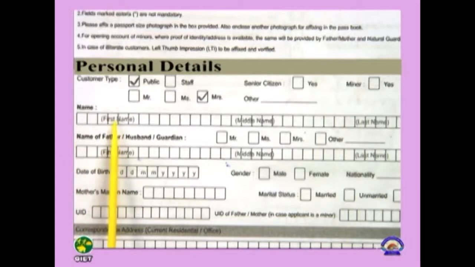Name. Students, all of you see, here it is written first name, middle name, last name. First name. I will write my name, then in middle name I will write my husband's name, but you will write your father's name.